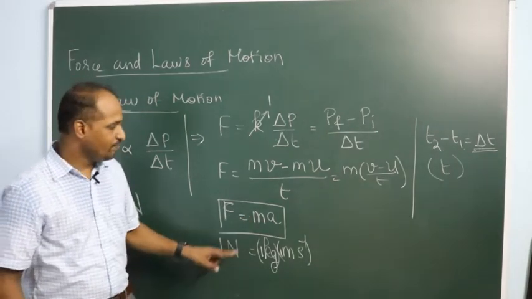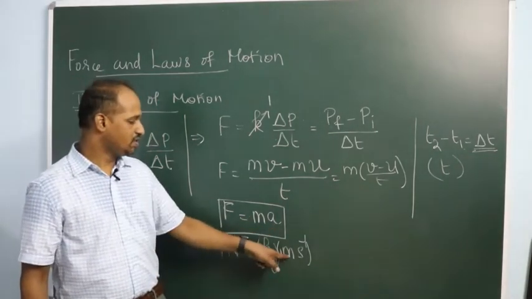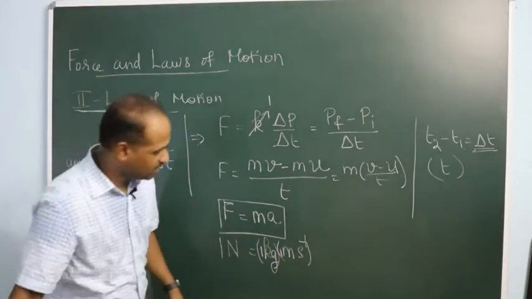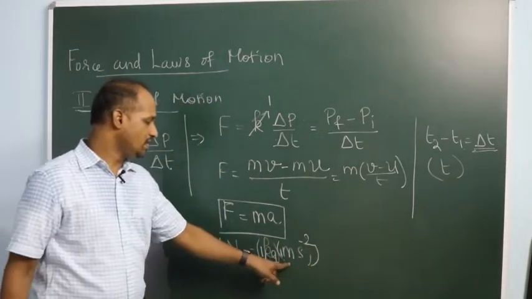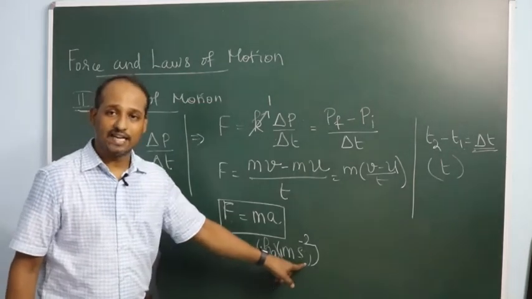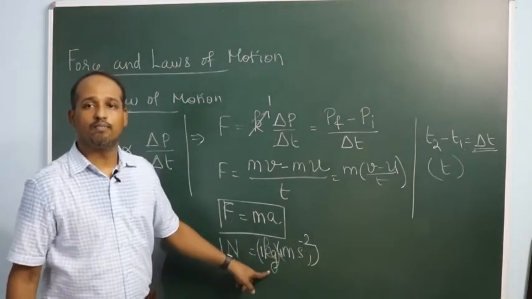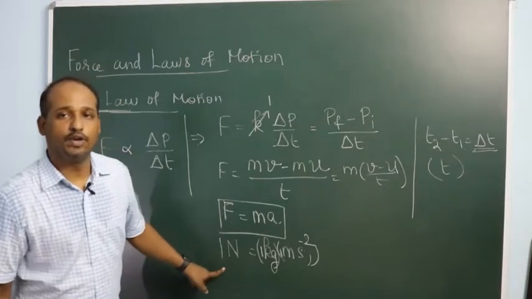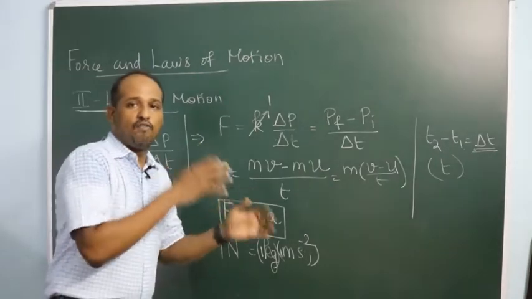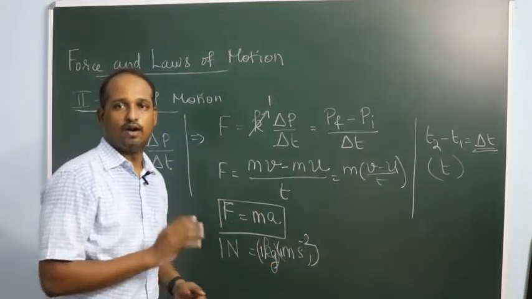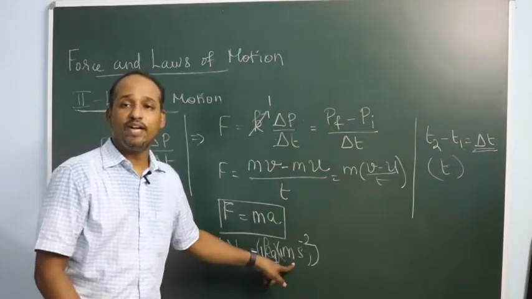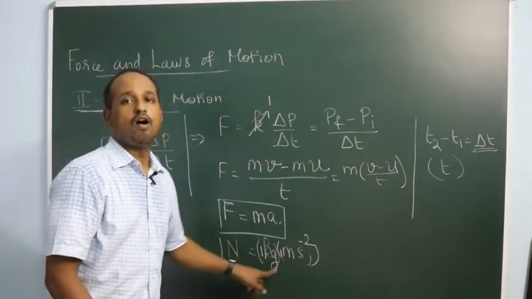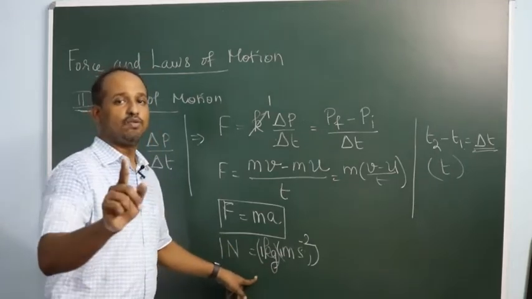Here the power is not minus 1, it is minus 2. A force is said to be 1 newton if it produces 1 meter per second square of acceleration on 1 kilogram of mass. Then what is obvious?